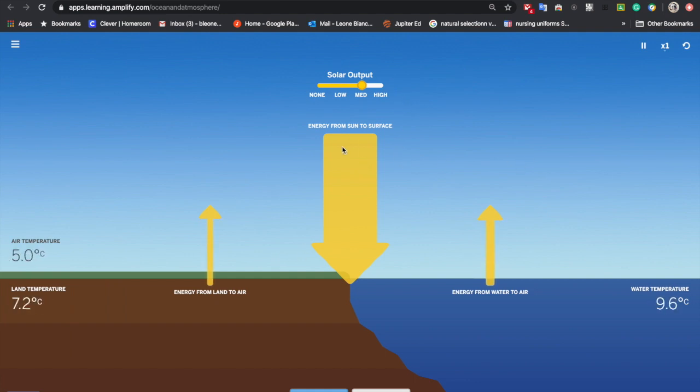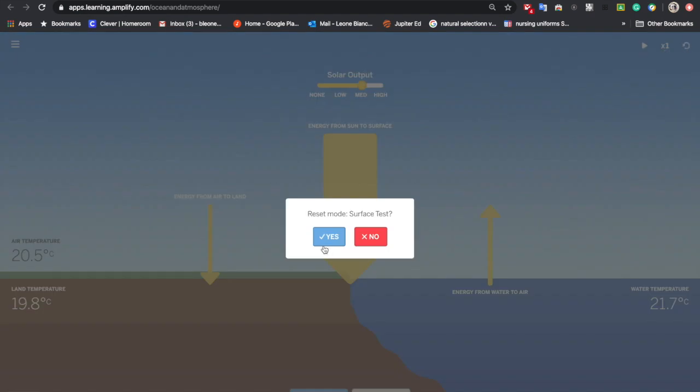And if you realize, the energy is coming down from the sun, but bouncing up. So it's going 13, 14, 15. And what's interesting is once this becomes hotter, it goes back down. But for the most part, let me reset this.